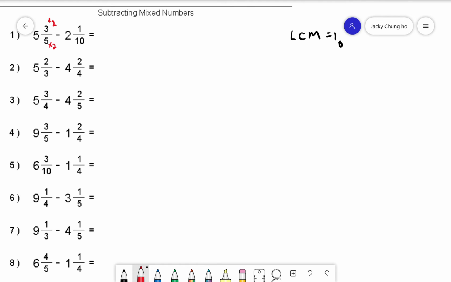Again, you do not have to multiply 2 to the whole numbers. The second fraction will remain as it is because it is already in the denominator of 10. If you want, you can multiply by 1. That will be the same thing. So to rewrite it, I will have 5 and 6 over 10 minus 2 and 1 over 10.